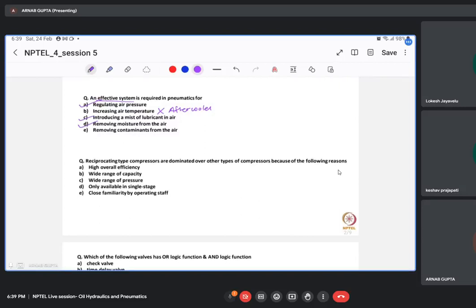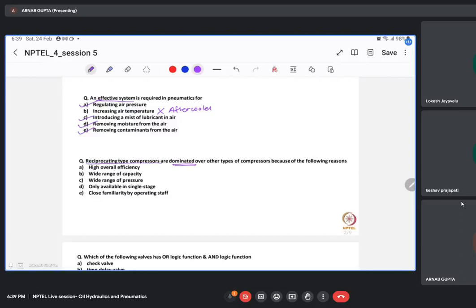Removing the contaminants from air is also required to reduce the chances of corrosion and erosion in the pneumatic system.